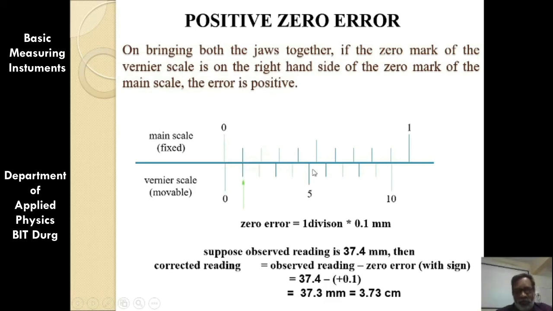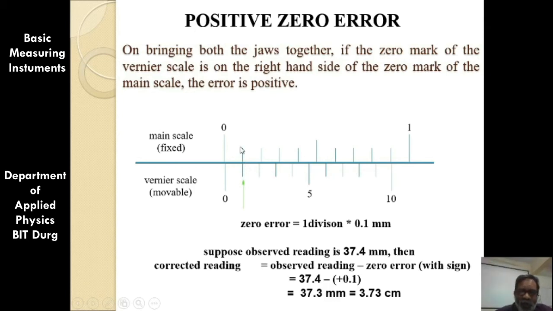Theoretically we can say the reading is not correct because the instrument has an error. But now to get the corrected reading, it is very essential to find the value of the zero error. To get the value of the zero error, again we try to find which division of the vernier scale is exactly coincident with any division of the main scale. You can see any division, 10th, 9th, 5th, no, not at all.